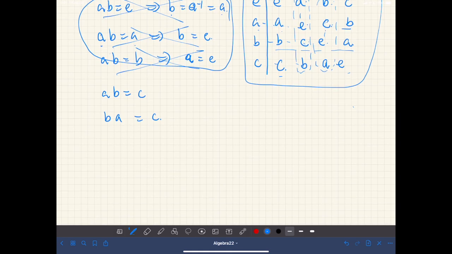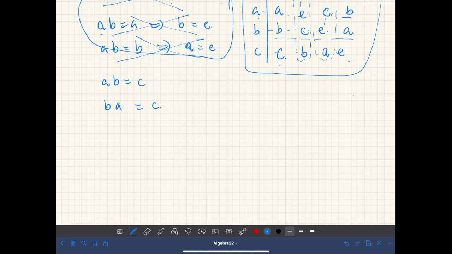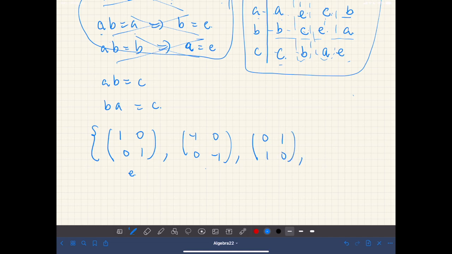Okay, and there is a concrete example for this group, and that is the group of 2 by 2 matrices. 1, 0, 0, 1. So this is the identity matrix, and negative 1, 0, 0, negative 1. So that is negative of the identity matrix, and 0, 1, 1, 0, and 0, negative 1, negative 1, 0.